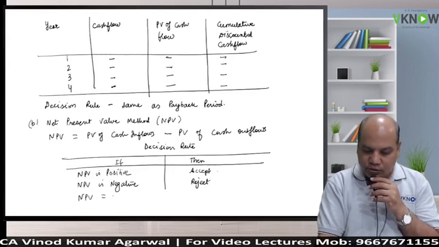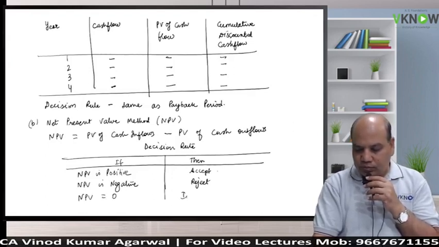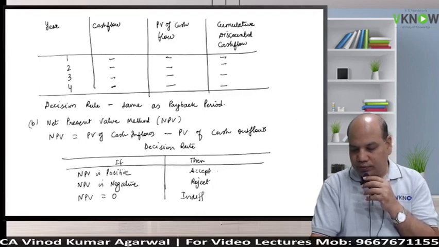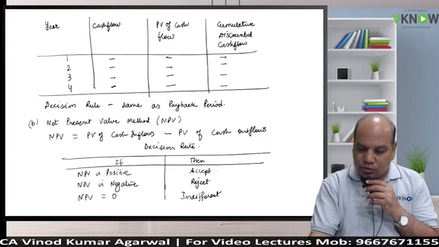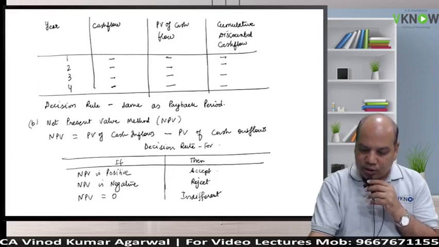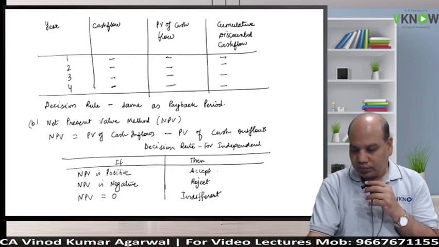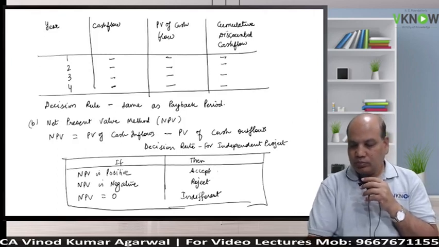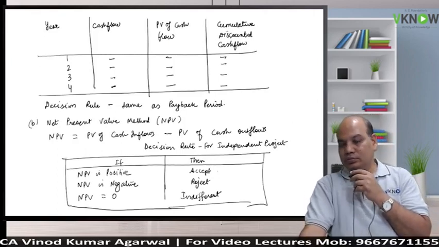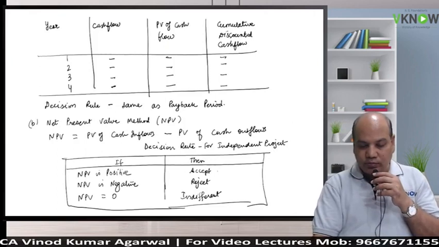NPV is equal to 0, indifferent. So this is the decision rule for independent projects. Is it right?